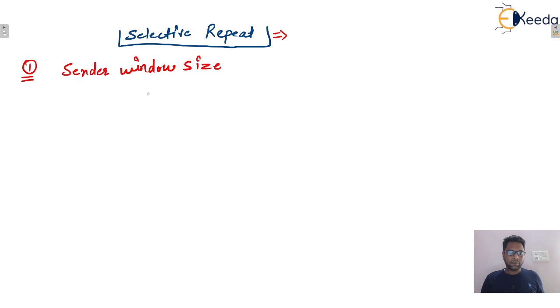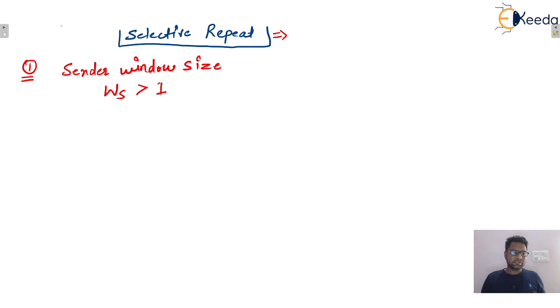Like Go-Back-N, the sender window size is greater than 1. If it is equal to 1, then it will behave like stop and wait. So it is strictly greater than 1.